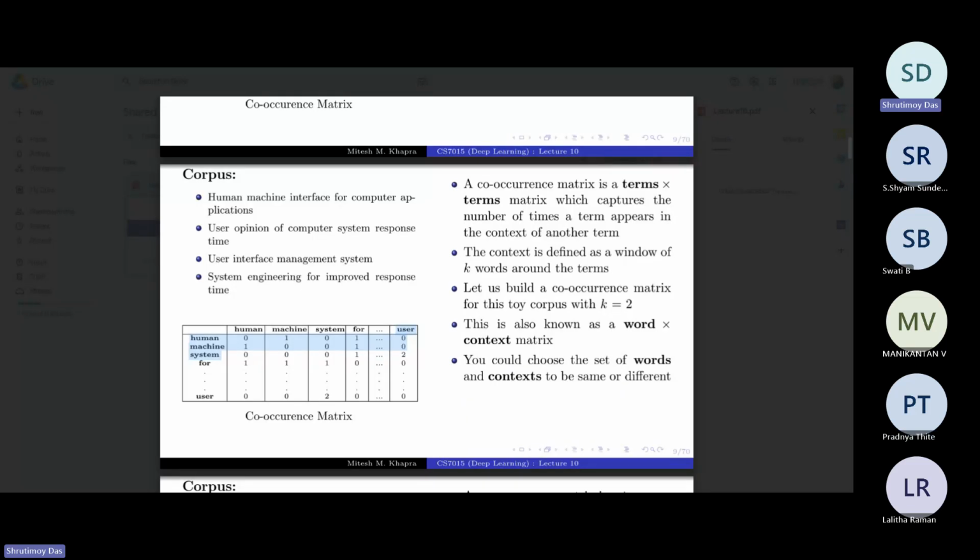Like you said, for system and user, in the second sentence, user opinion of computer system response time, they occur once, considering a window of 2. So how does that come under the window of 2? User opinion of computer system.